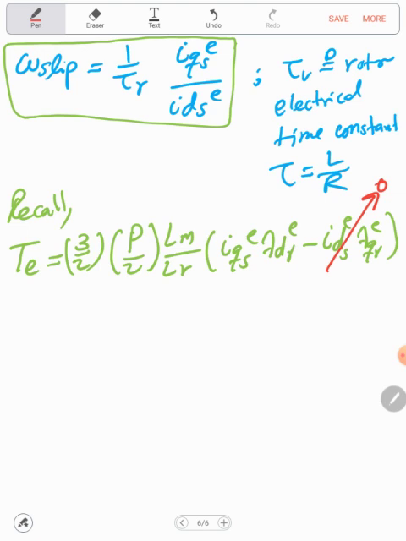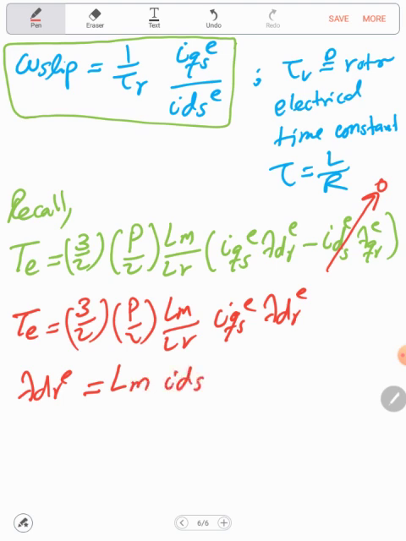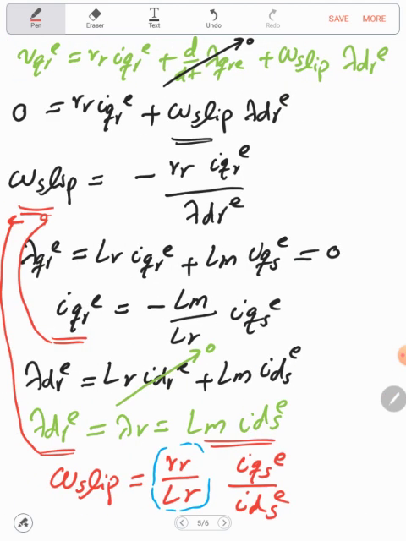And simply we'll end up with Te equal to 3 over 2 P over 2 LM over LR IQSE lambda DRE. And recall lambda DRE was equal to LM IDSE.